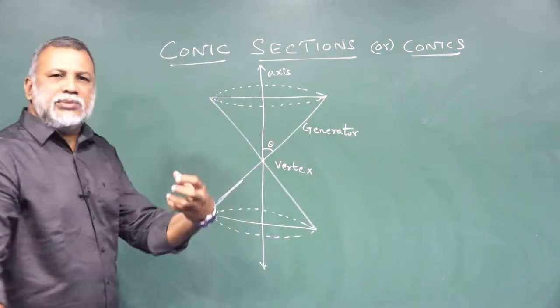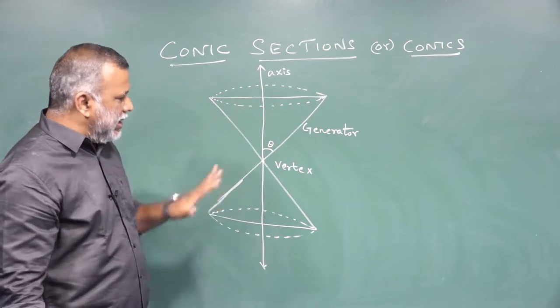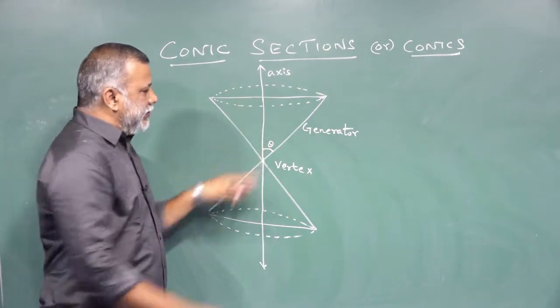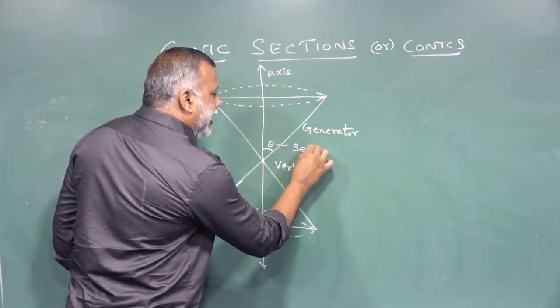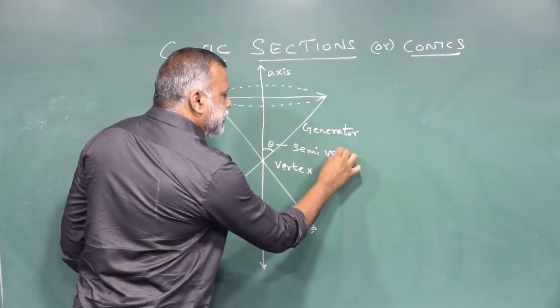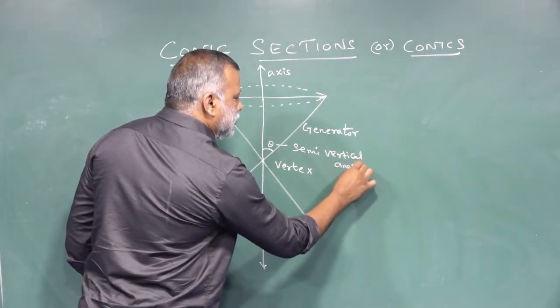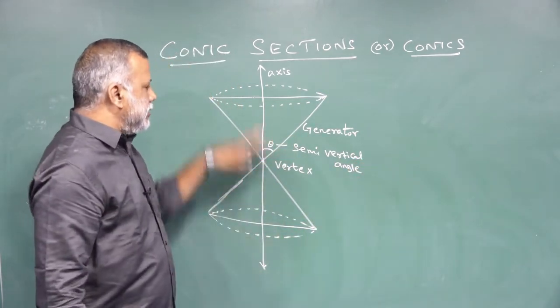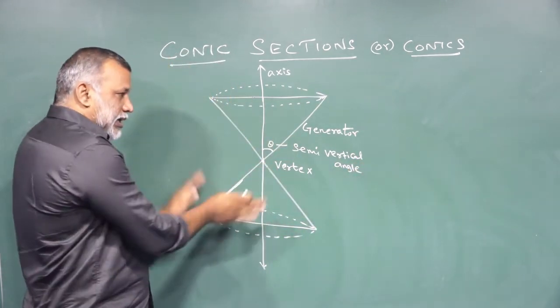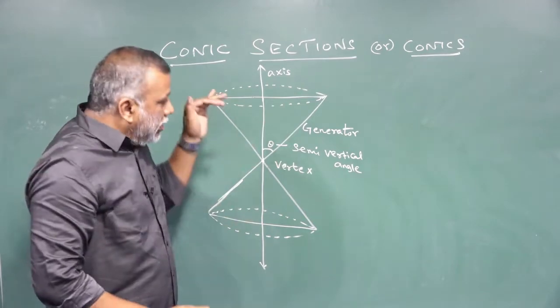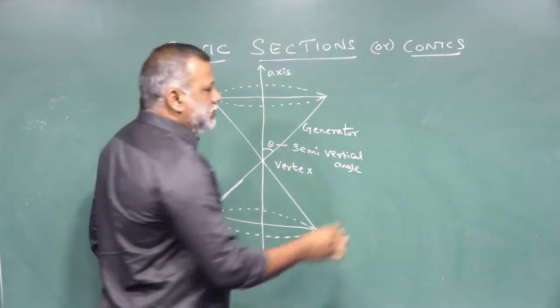These are some key points: the double napped cone, vertex, semi-vertical angle, generator, and axis. This double napped cone is intersected by a plane.